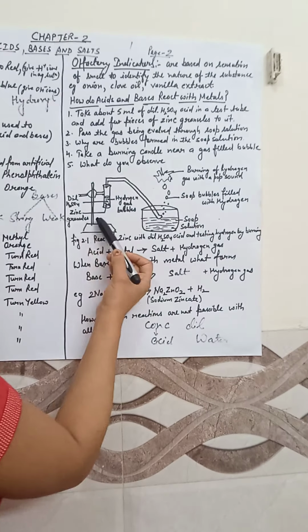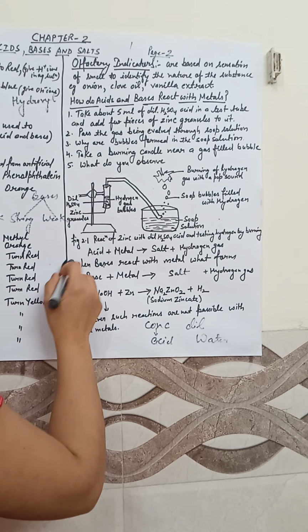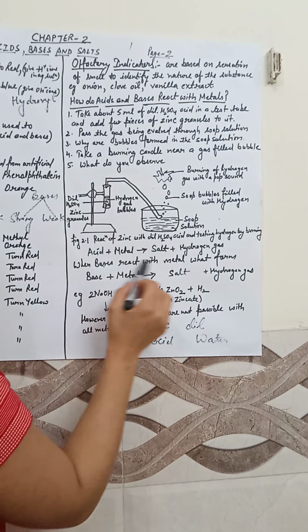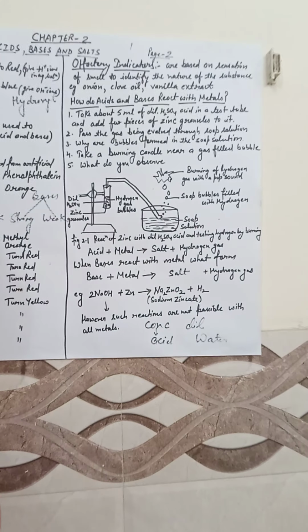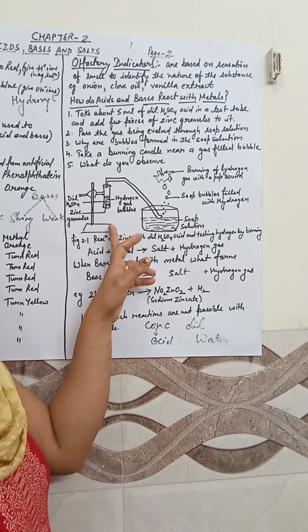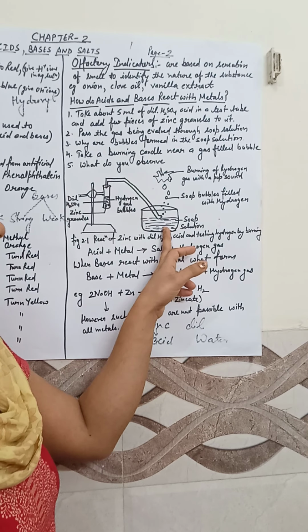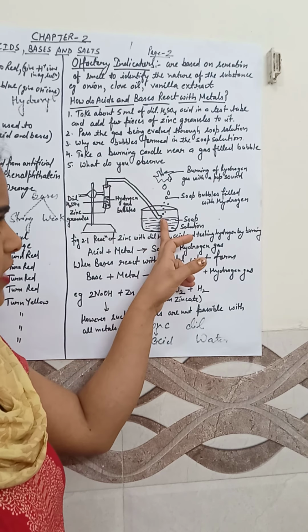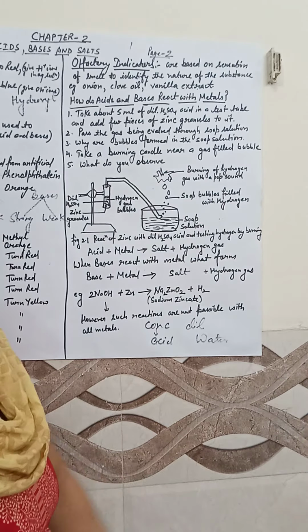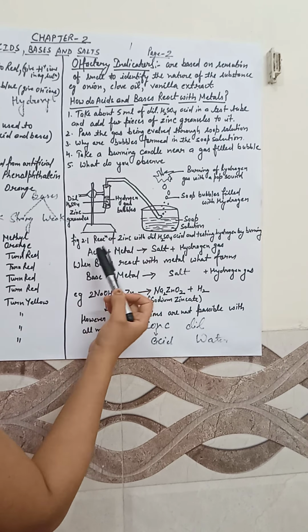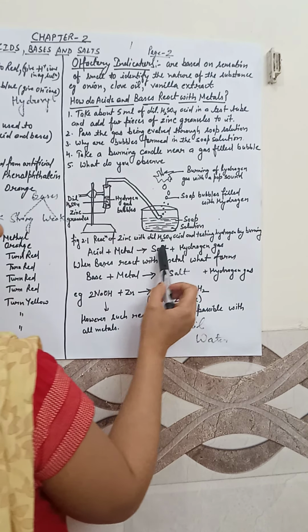If in the examination a question comes, how can you identify that the evolving gas is hydrogen gas, you can write that in the activity given in 2.1, whenever zinc granules react with H2SO4, the evolving gas is hydrogen gas, and to identify its presence we can test it with the burning flame of a candle.